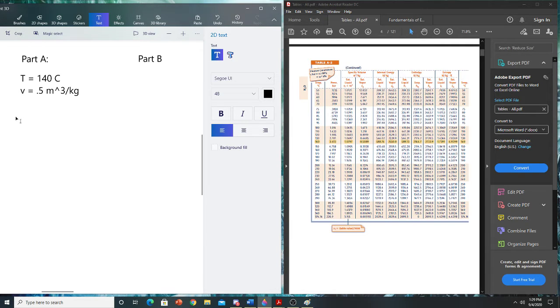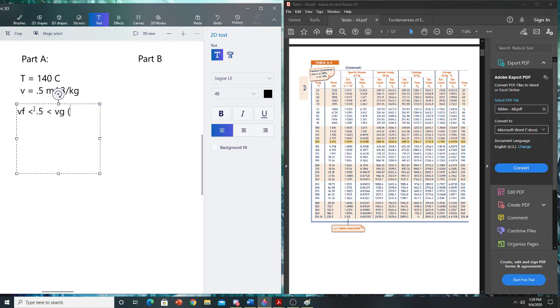So if we take that and plug our value into an inequality here, we have little vf is less than our value, which is 0.5, but our value is also less than the saturated vapor value, which is vg.